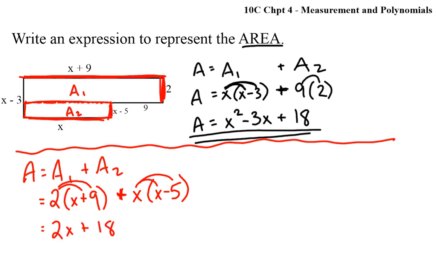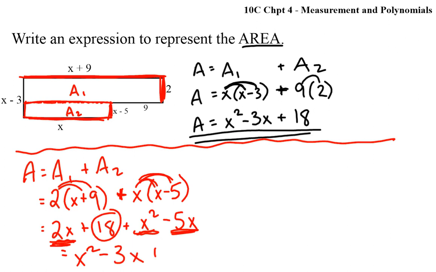Addition sign in between the multiplying, so monomial times a binomial, and then monomial times a binomial. 2x plus 18 plus x squared minus 5x. And when we combine our like terms, we have the x squared by itself. We have 2x and negative 5x, which is a negative 3x, and then the 18.